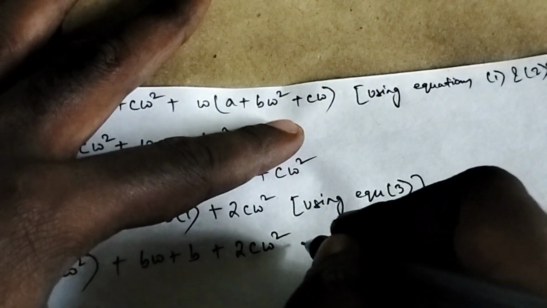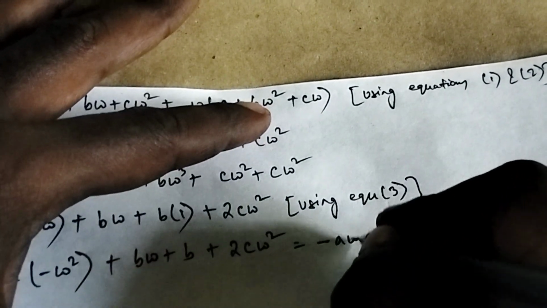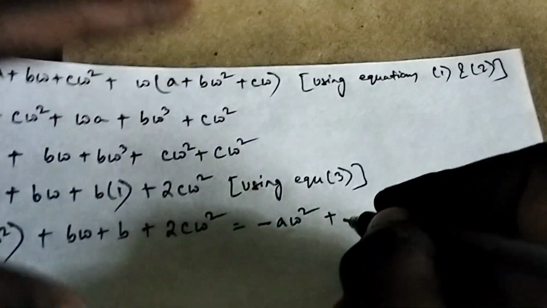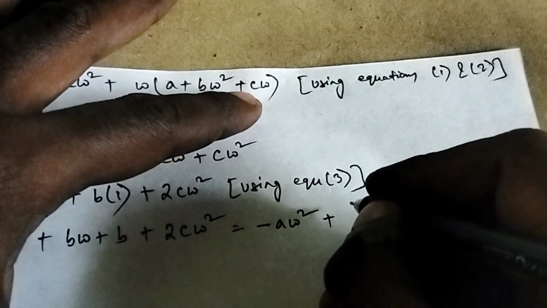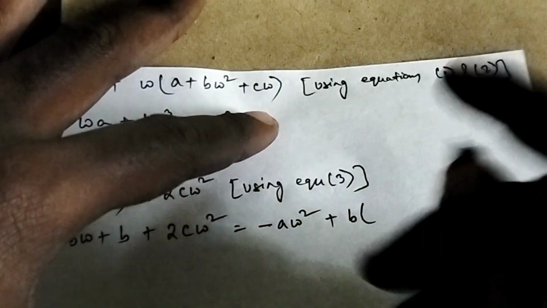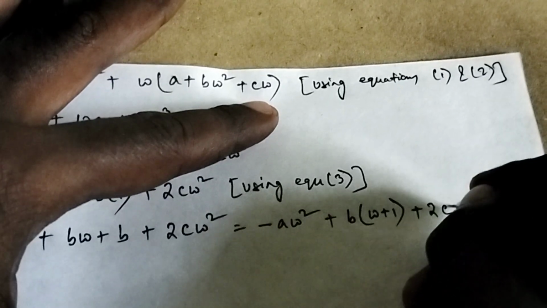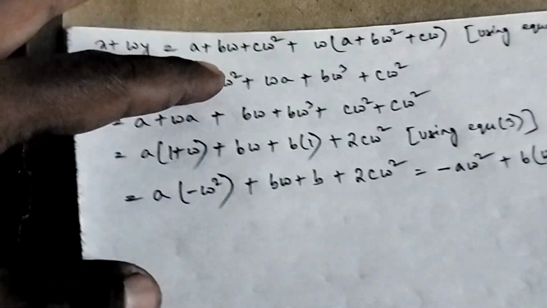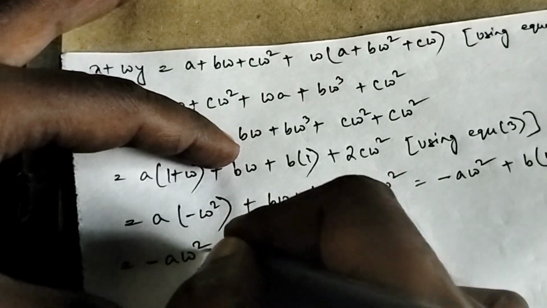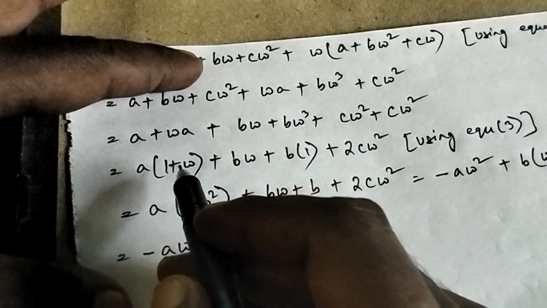So this will be minus a omega square minus e omega square plus again b into omega plus 1 plus 2c omega square. So this will be minus e omega square plus b into again 1 plus omega.